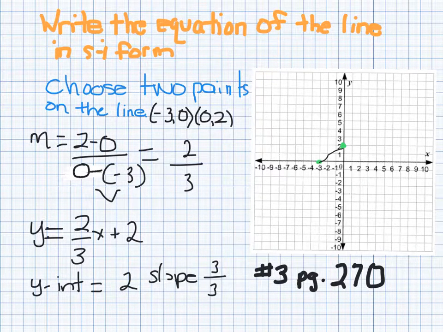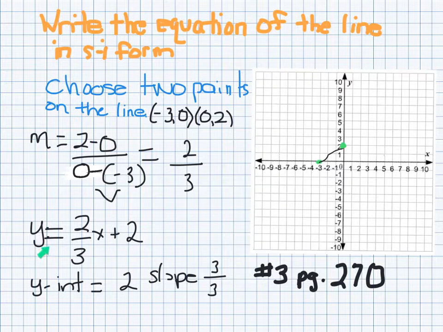And once you do the equation of the line in slope-intercept form, it says to choose 2 points on the line. I chose -3 and 0, and 0 and 2. I work it out, so I have 2 minus 0 over 0 minus -3. It's going to be minus a minus, so it's going to be a plus, so it's going to be 2 over 3.